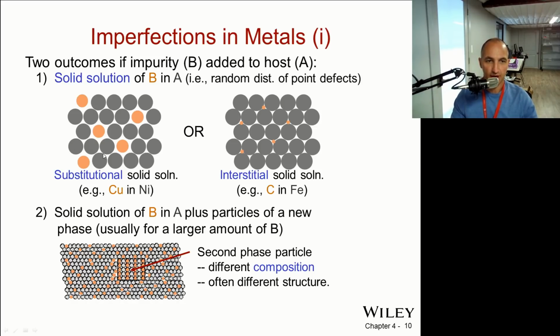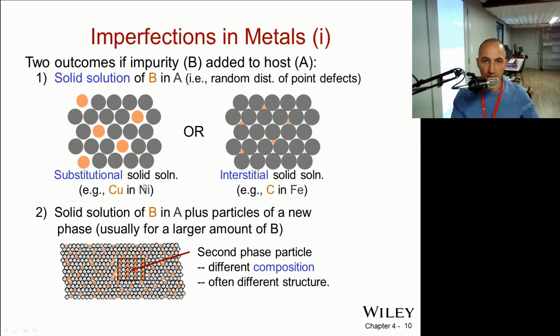In the case where the atoms are very close to the same size, the type of solid solution will tend to be called substitutional. We call this substitutional solid solution. This occurs typically with copper and nickel, because those two atoms are very close in size.